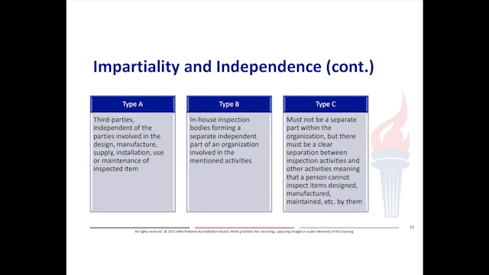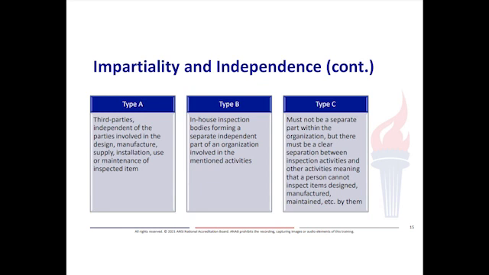Type B is where it's an in-house inspection body only performing inspections of products or activities that their parent organization is involved in, but they do have to show that they are completely independent of the rest of the organization in terms of how they operate an inspection.